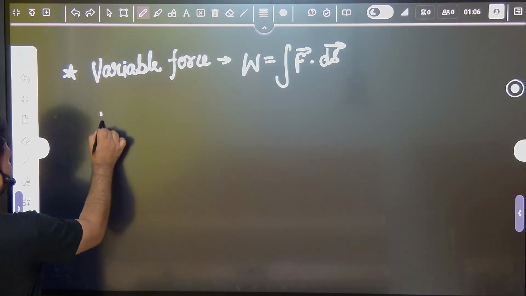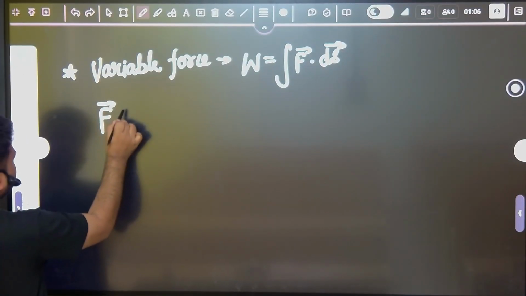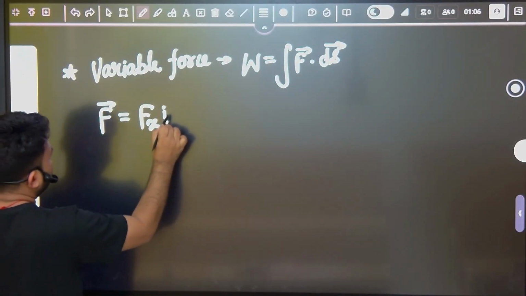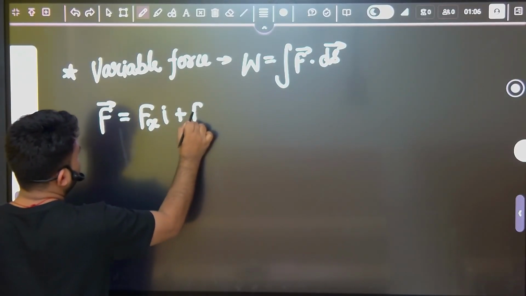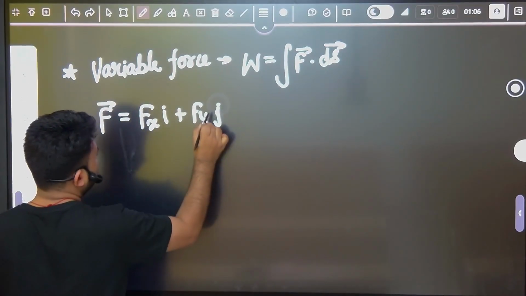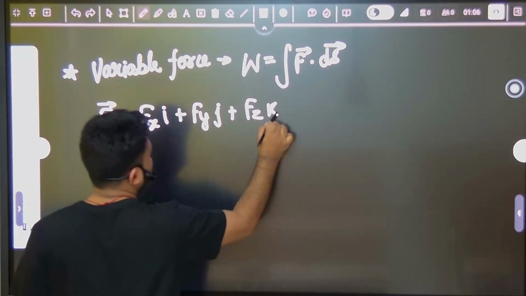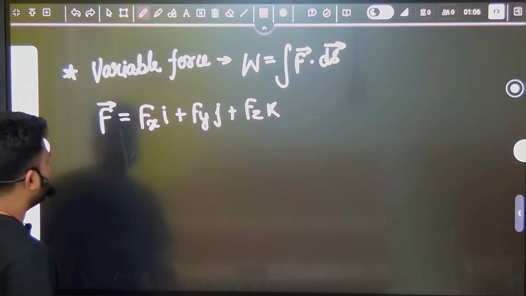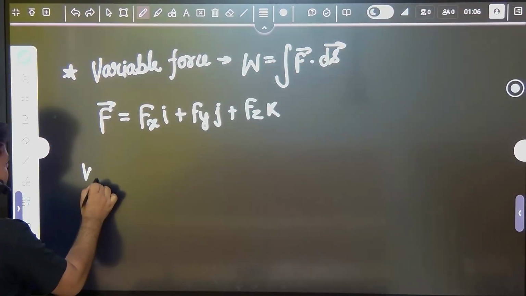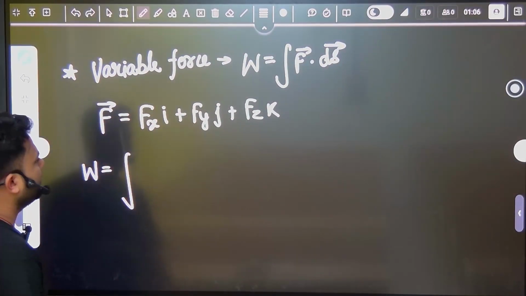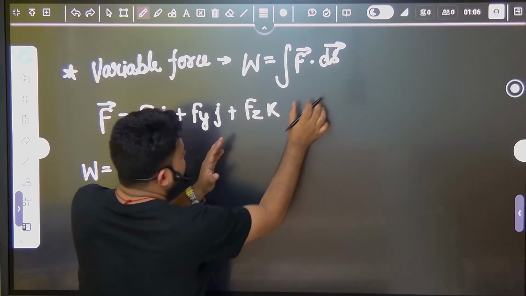Now suppose force is expressed as some x component of force i cap plus some y component of force j cap plus some z component of force k cap. Then how do we write work? We write work equals integration of this whole term dot ds.